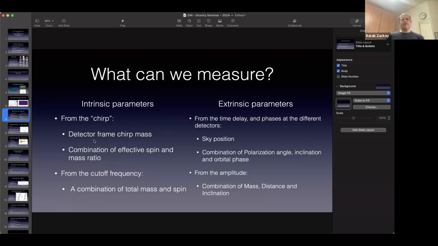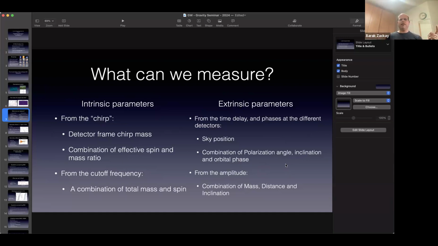Okay. There are also the extrinsic parameters. So what are extrinsic parameters? These two black holes, I can put them in space in some direction that I can see from the Earth. And maybe I also play with the inclination, and maybe I can rotate the system. So that's the polarization again. And what do these things determine? They determine the time delay between the different detectors.